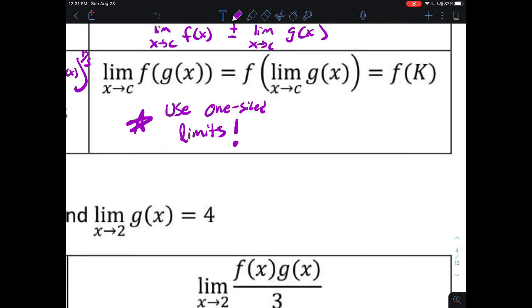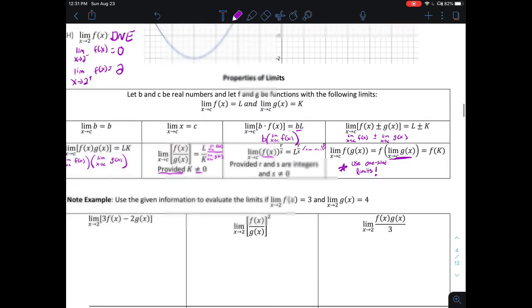But basically, if I'm taking the limit of a composite function, and if everything is continuous, then I could take the limit of g of x, see what that equals, and then put that into f, and then see what my limit is. But the one-sided limits are key there, so that you can ensure that the two-sided limits exist.